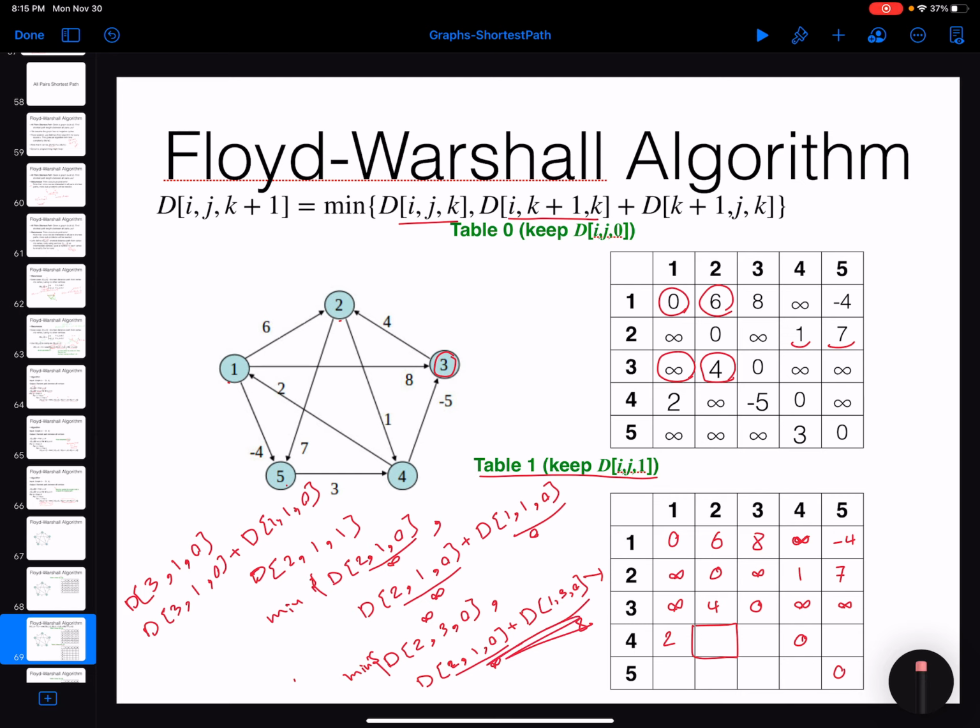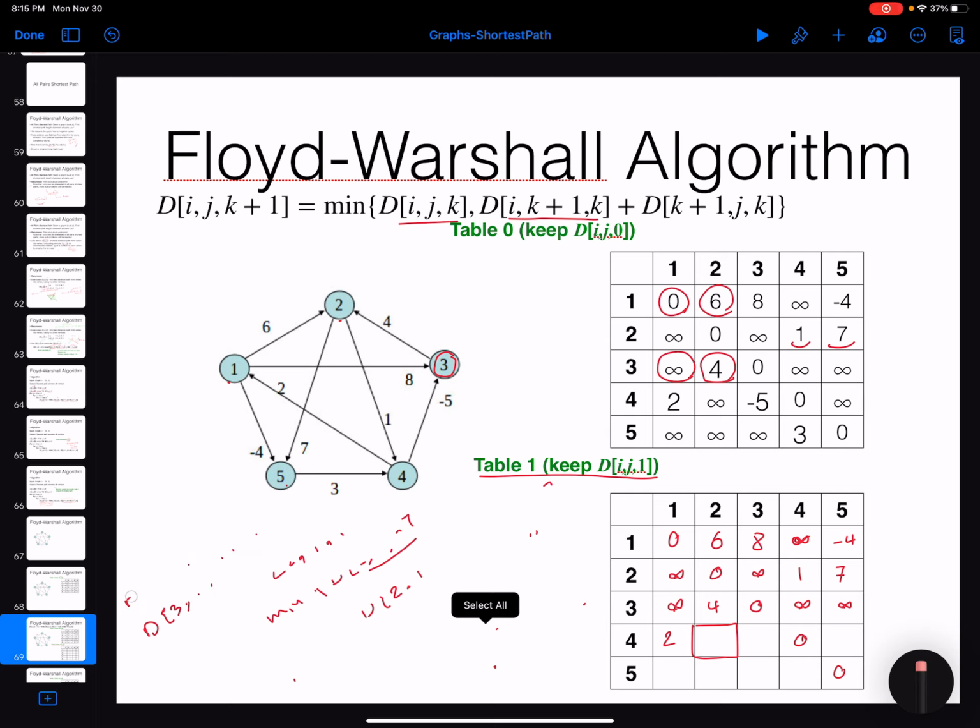So let me just remove this and show you how the algorithm is going to help to fill this cell. Okay, we are going to fill this cell, right?